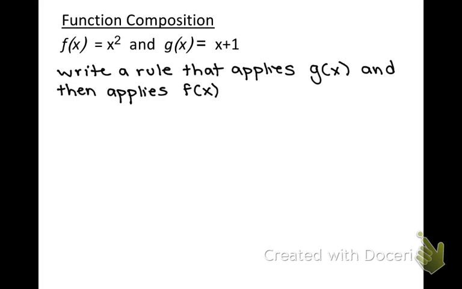Let's introduce some notation here as well, though. If I were to write a rule that applied g of x and then applied f of x, this is what our notation would look like. We would have f of g of x. That little open circle there, it's like a little tiny O that we put between the two functions.